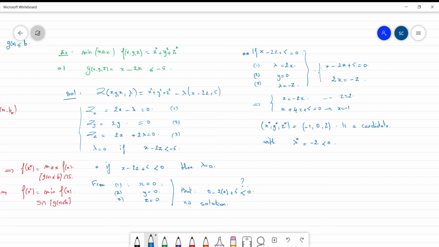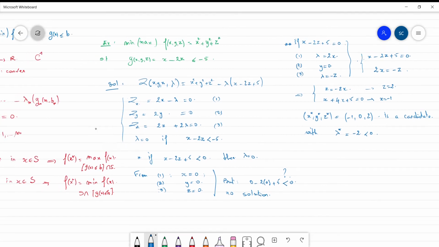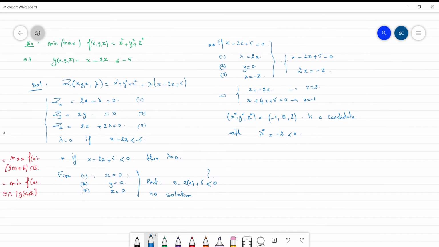So we should check whether the Lagrangian L is concave. What about the Lagrangian now? Concavity of L in space with minus 2. The Hessian of the Lagrangian is the matrix with entries 2, 0, 0, 0, 2, 0, 0, 0, 2.